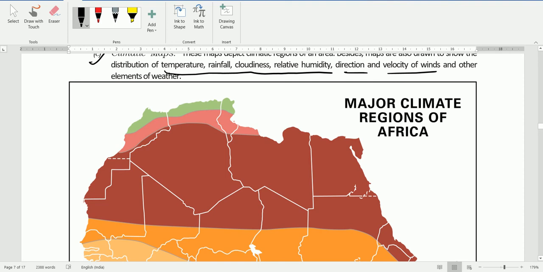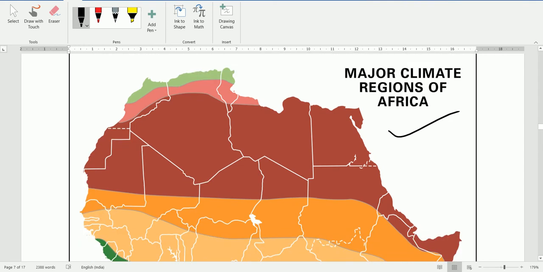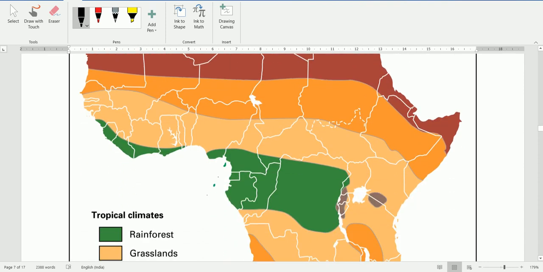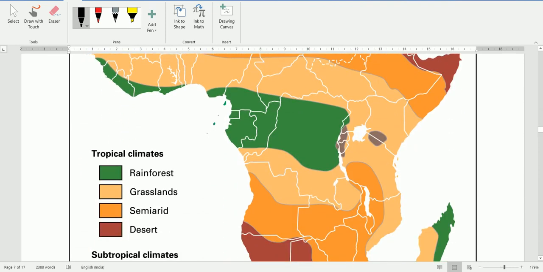And this map is an example of these climatic maps. This map represents major climatic regions of Africa. See here, these are the explanations.